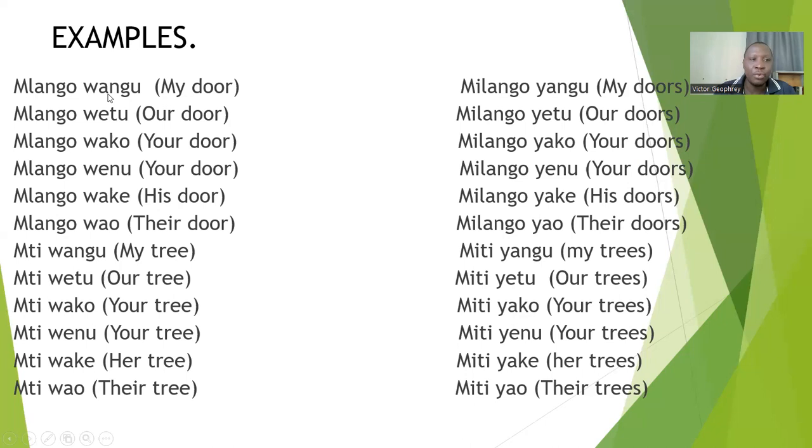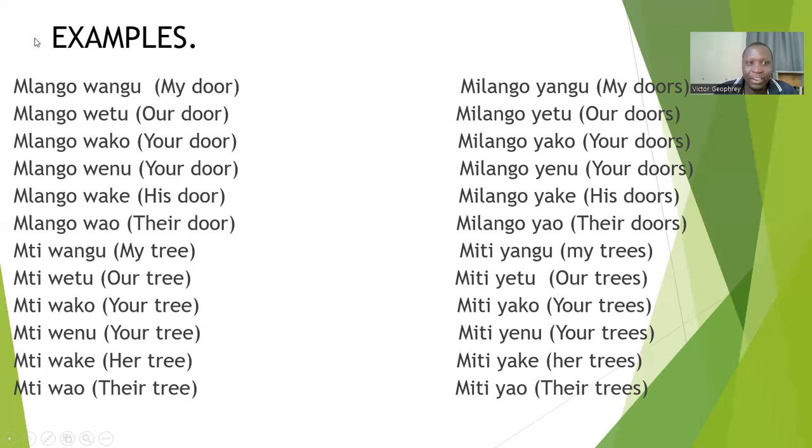Then milango yangu, my doors, because milango is in plural. So here it cannot be wangu, it will be yangu. You see the difference?